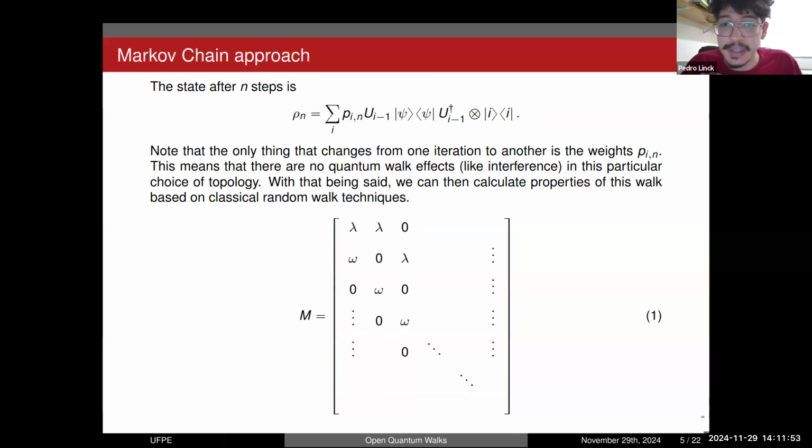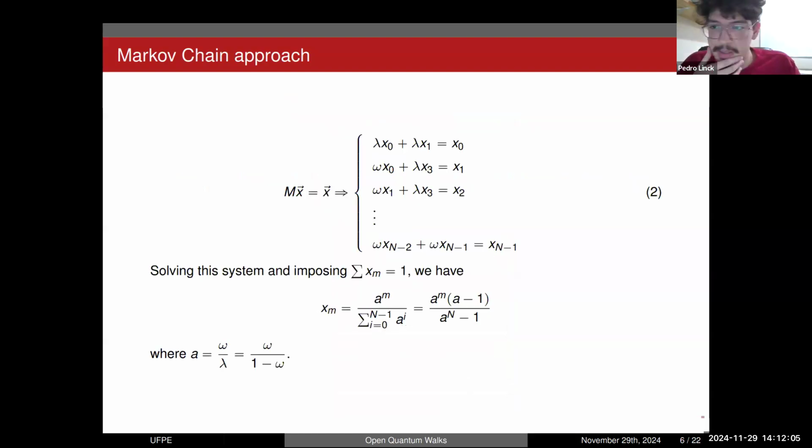So this is a transition matrix, and this transition matrix is relatively simple. We can indeed calculate the steady state exactly. We know how to do this using the techniques of classical Markov chains.